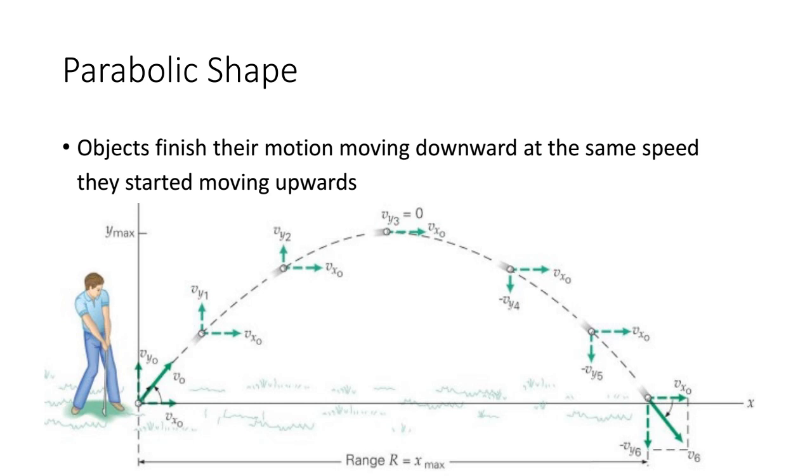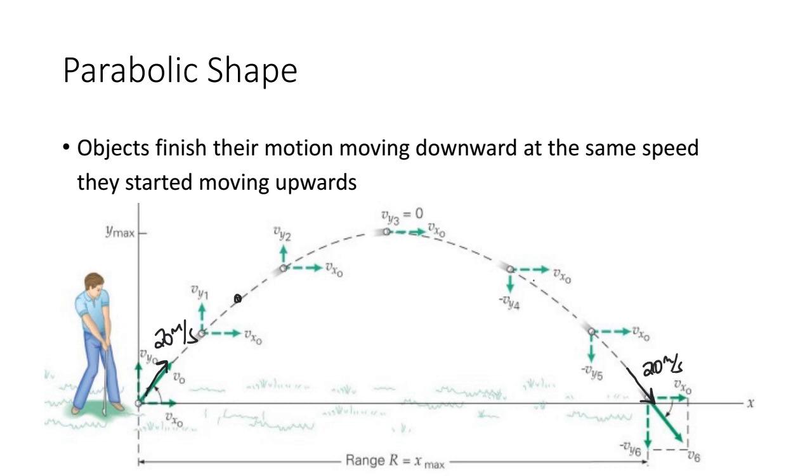When you put an object into free fall, it moves in a parabolic shape. The objects will finish their motion moving downward at the same speed that they started moving upwards. That means that if you were to launch, for example, something upwards at 20 meters per second, then at the same spot on the downwards path, it would also be moving at 20 meters per second.